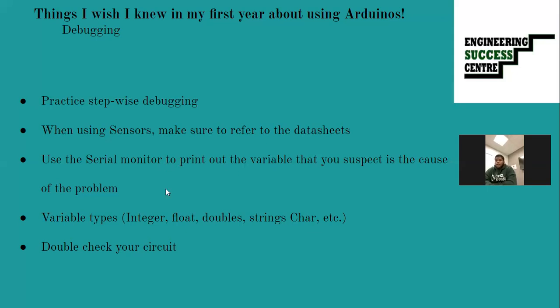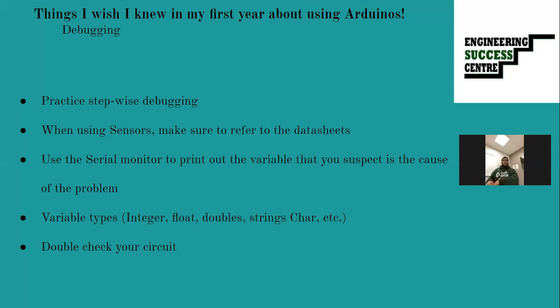So that's a good piece of advice that I can give. And then you should also know your variable types. This is one other important one that I wish I knew in my first year. There are different types of variables, like integers, floats, doubles, strings, chars, and a bunch.